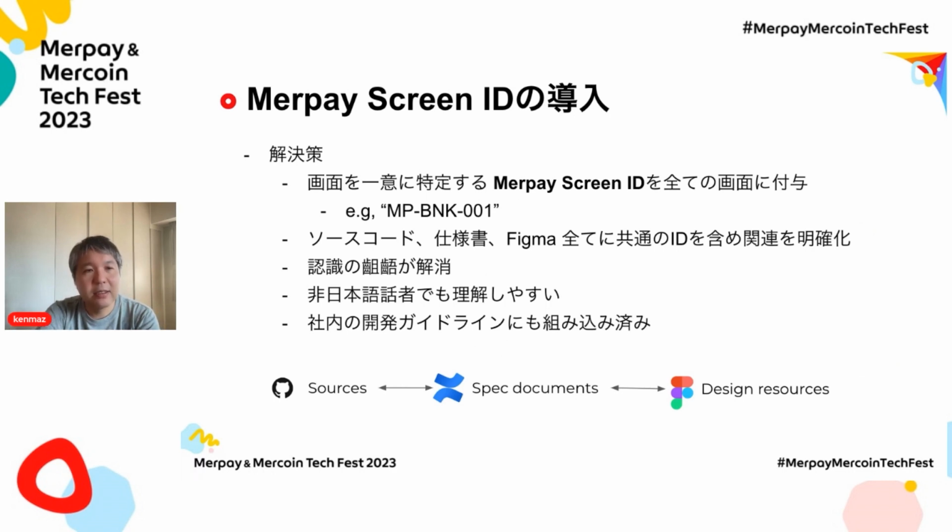So before we organized the existing specifications for all the Merpay screens, we introduced a Merpay screen ID to identify the screens uniquely. For example, MBBNK00Y will be the first screen. This kind of ID is like a ticket ID for each screen, and we decided to apply numbers to all the screens.